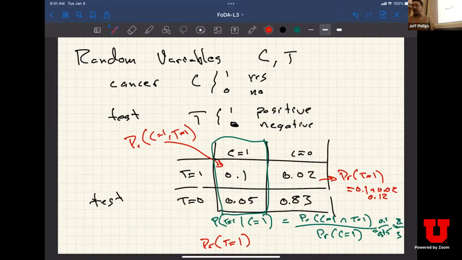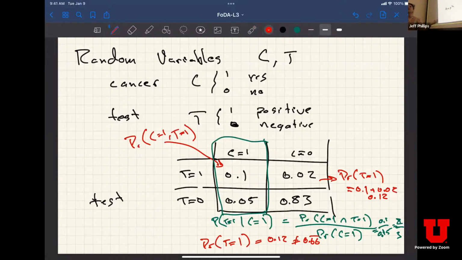So then we would compare the probability the test is positive, 0.12, versus the probability that the test is positive given that they have cancer, which was 2/3. Okay, so is this independent? No, it's not independent because this is not equal to 0.66, right? So these are not independent. So would the test be good if the test was independent?